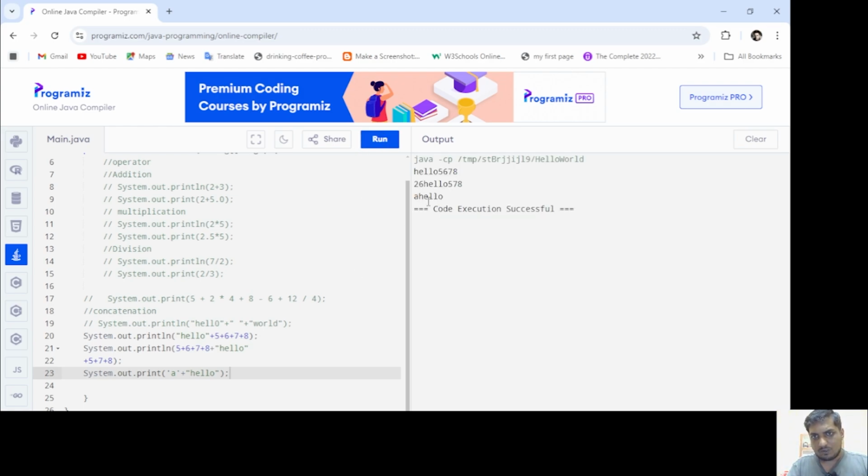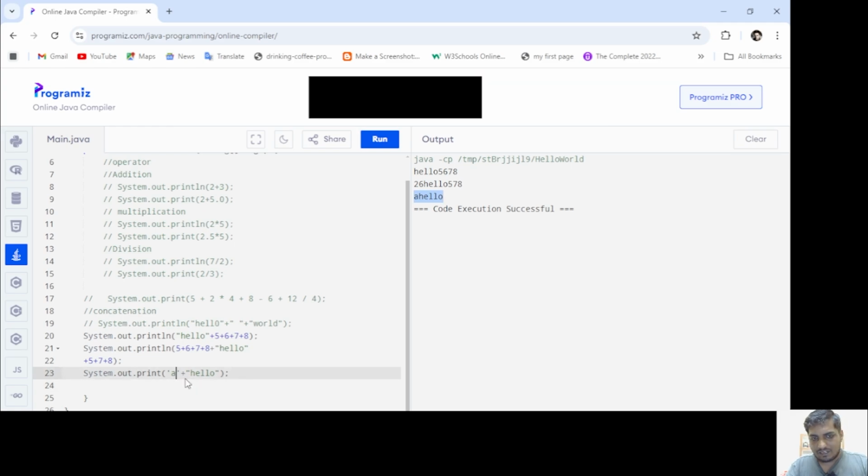A plus hello means the character plus hello will also be printed. See, I use the character literal and hello. Correct? The A hello is also printed. So whatever you want to print, you print it according to the string literal and character literal.